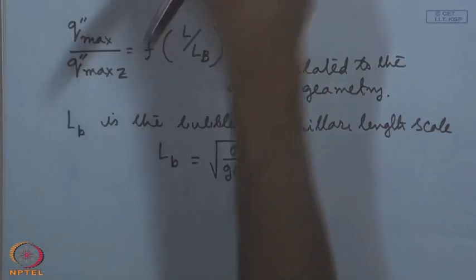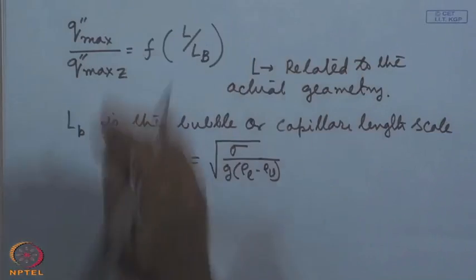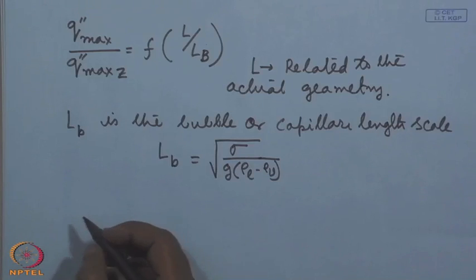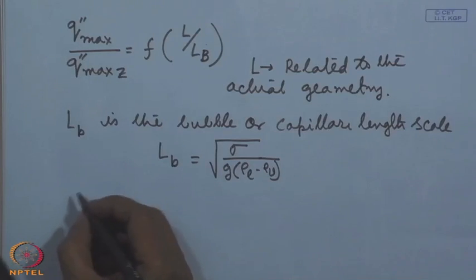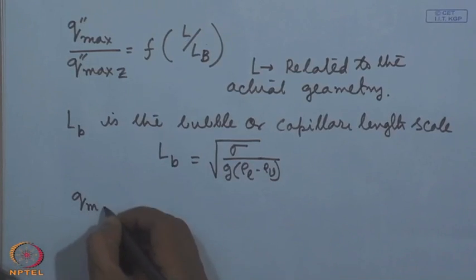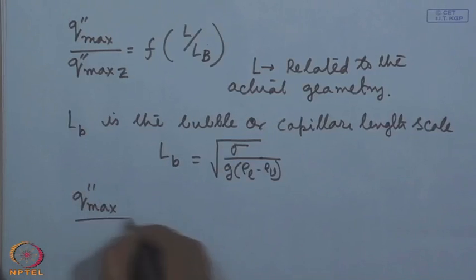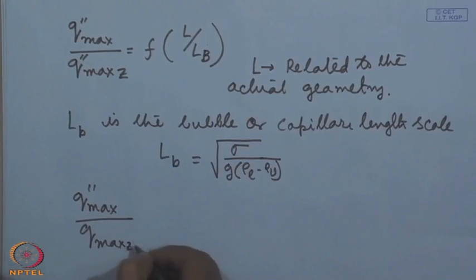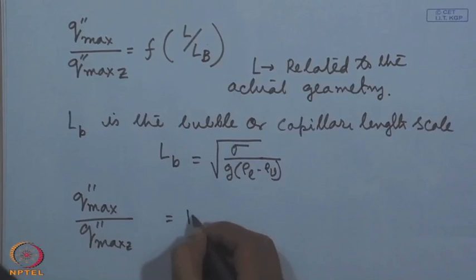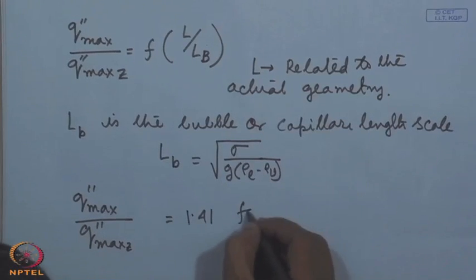Using this, Lienhard and Dhir have found out that Q max double prime divided by Q max Z double prime is equal to 1.41 for a flat surface.